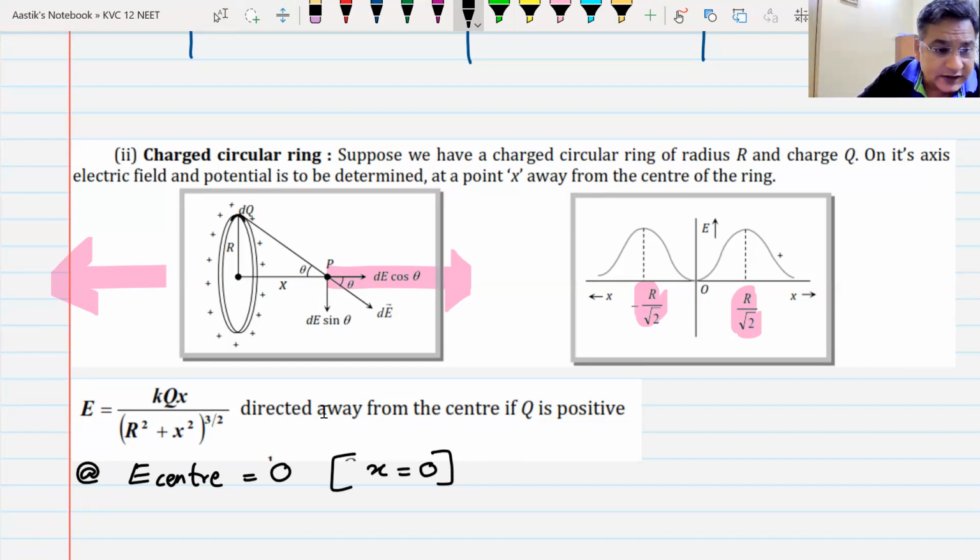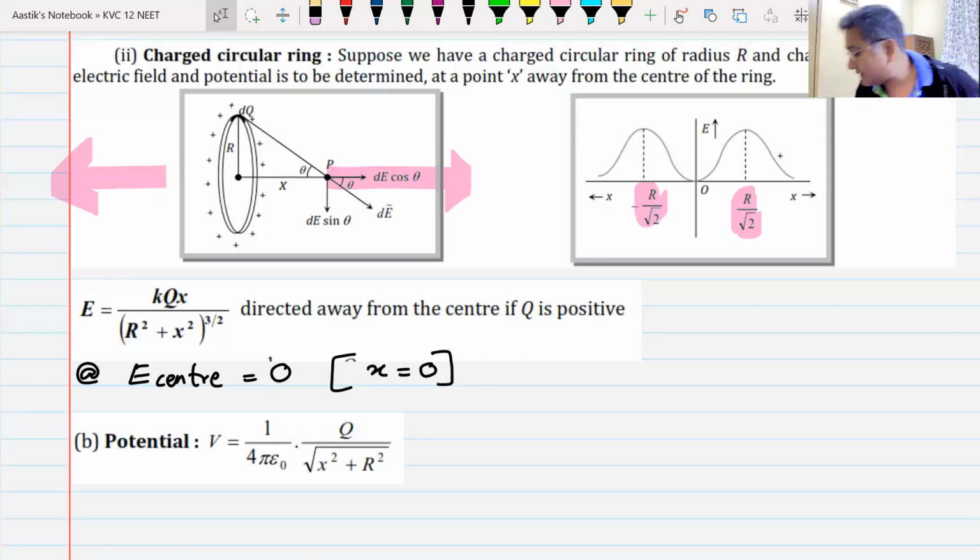If you talk about electric potential, this formula will only be used when they make a very tough question on electric potential of a circular ring. But if that is the case, then the formula is 1 by 4 pi epsilon naught, or k times q, divided by the square root of r square plus x square.